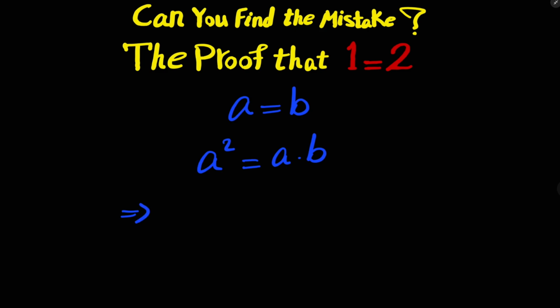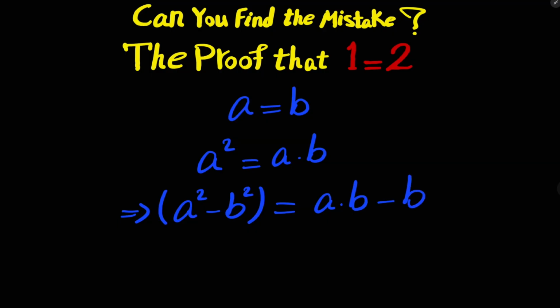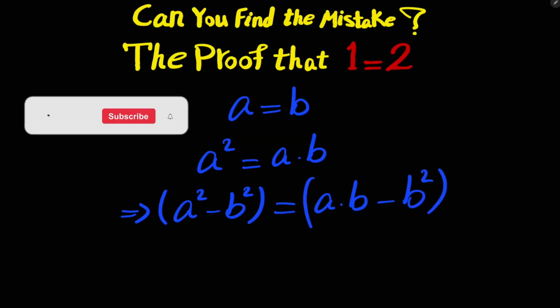Then, by subtracting B squared from both sides, we have A squared minus B squared equals A times B minus B squared. Then we can factor the expression on both sides.